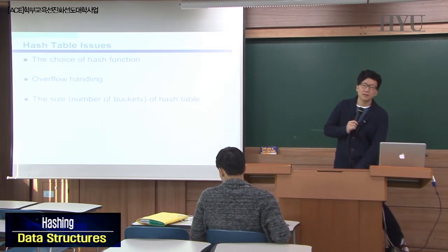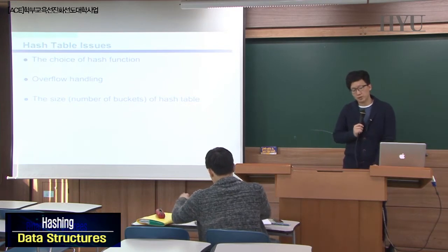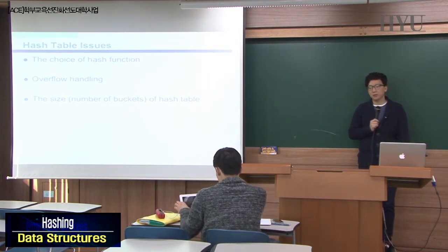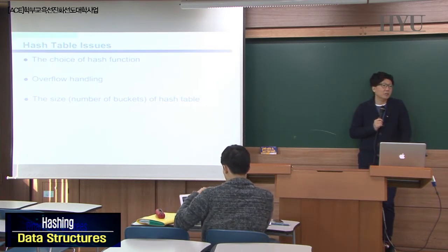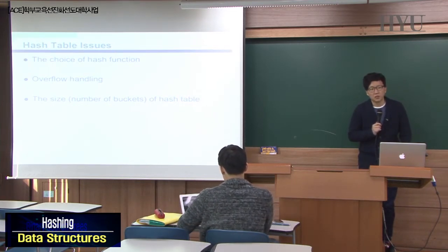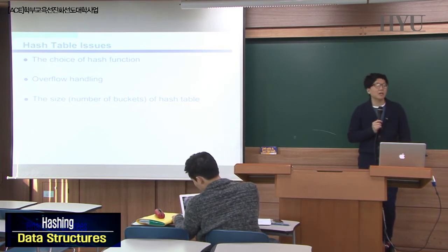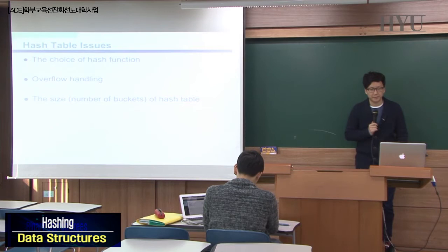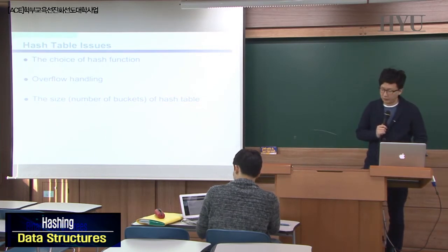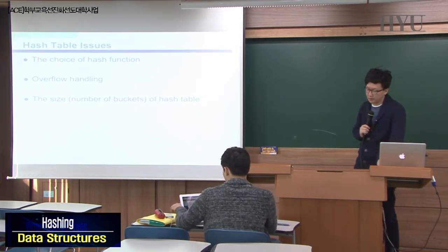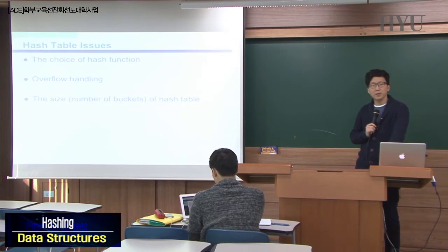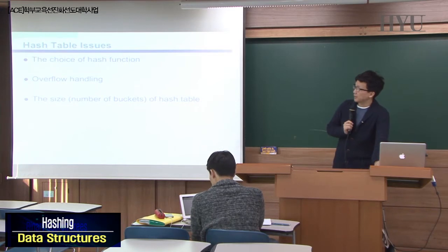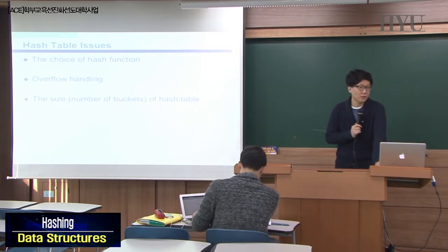But it's important not to consume too much memory, and still have a reasonable size of hash table. So getting the bucket value of B is another issue. Those are the 3 issues when you're using a hash table. It may not ring a bell now, but when you actually try to implement this, these are probably the first things you should consider.